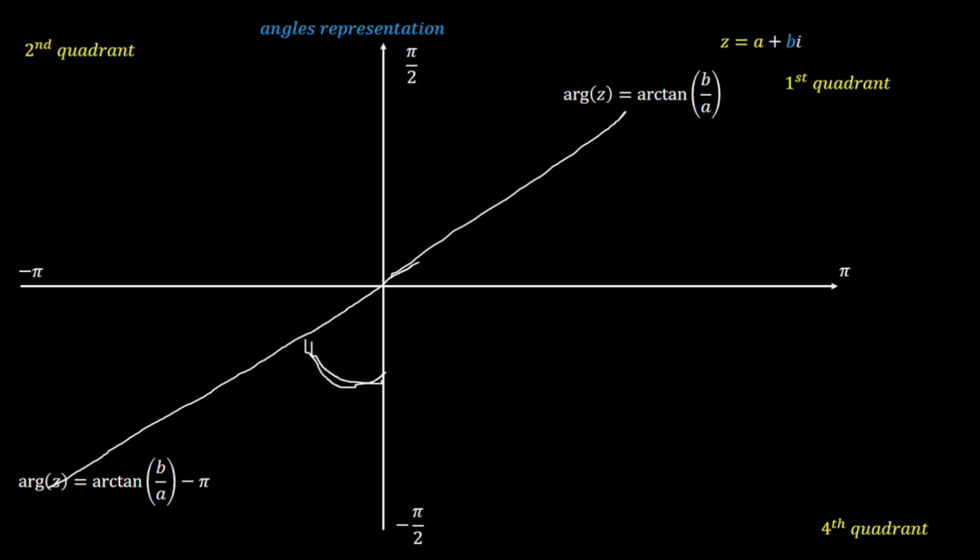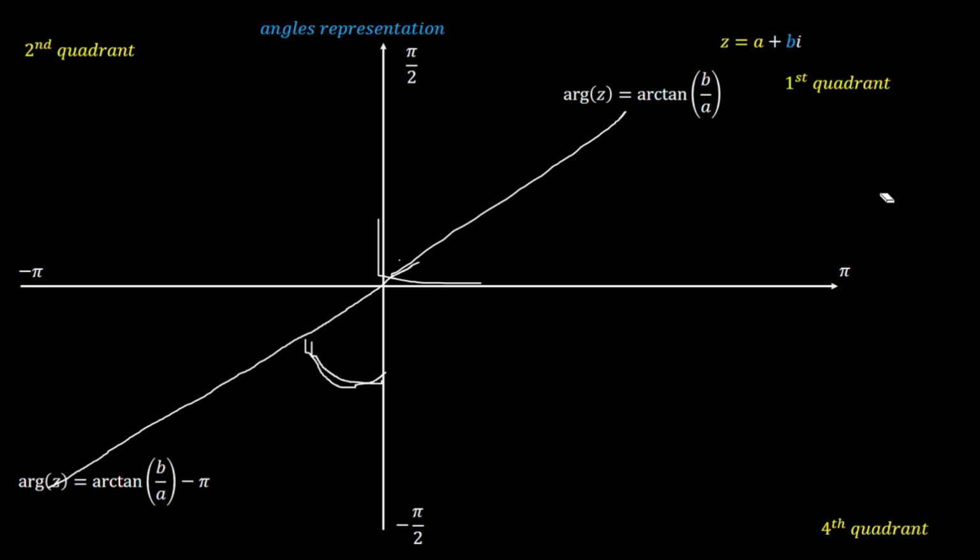Because if you just put arc tan of b on a, it will be saying that you are at this level, although that's not correct. In this quadrant, where both a and b are negative, negative a, negative bi, you have to subtract pi.